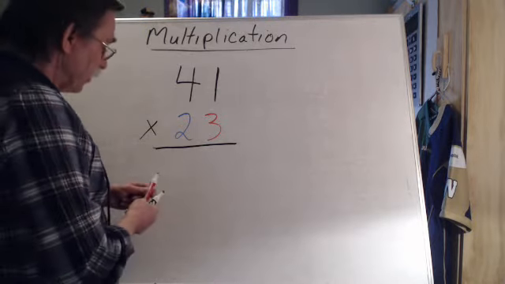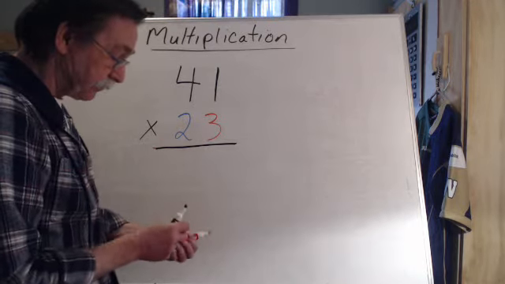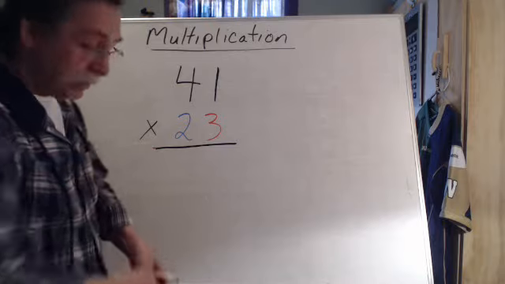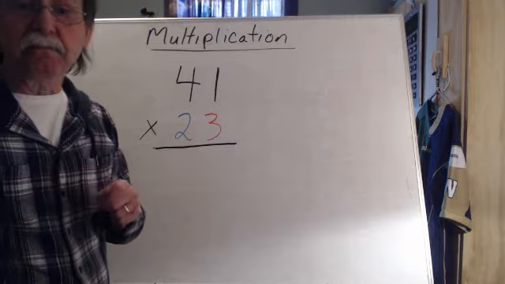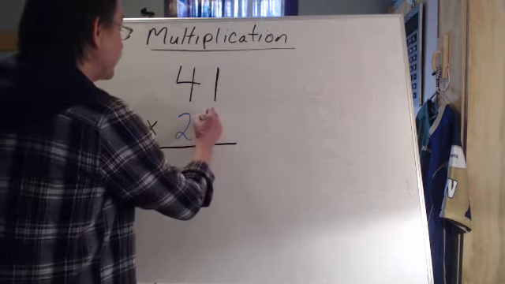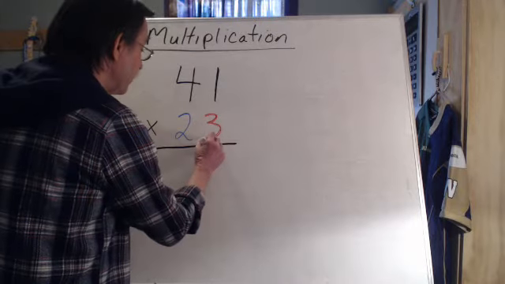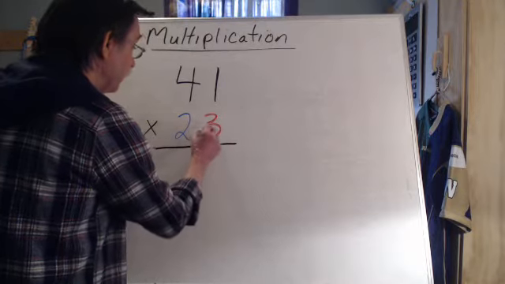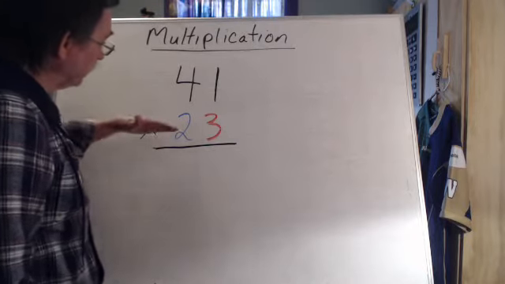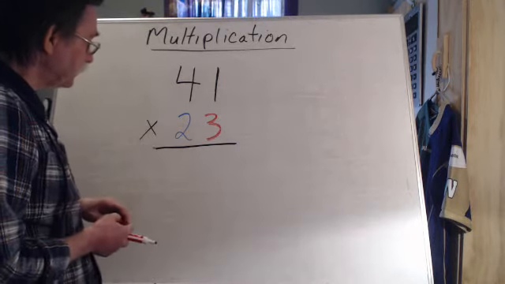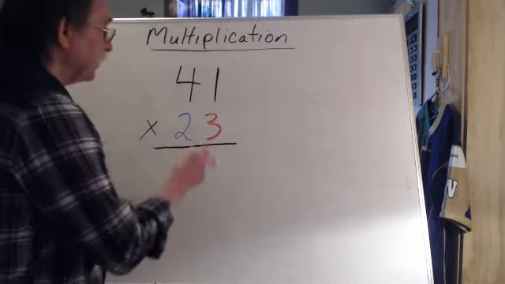All right, so we are going to start with the number 3 here. And we're just going to ignore the 2 for now. And I'll make the 3 nice and dark so it comes out a little bit better on the video. So 41 times 23. I have seen this.